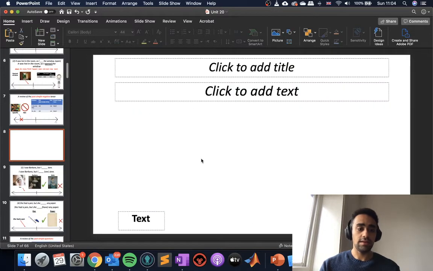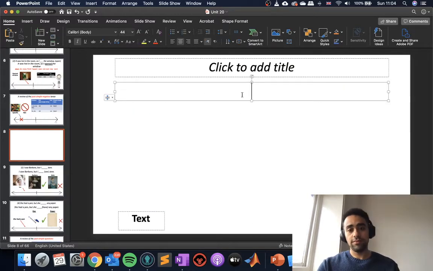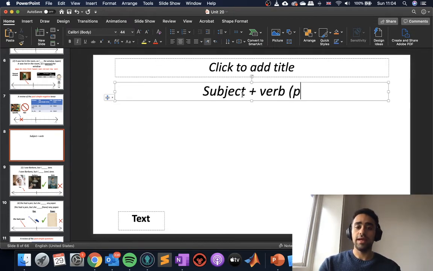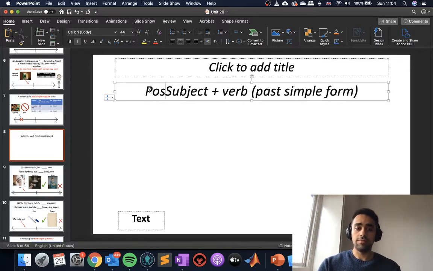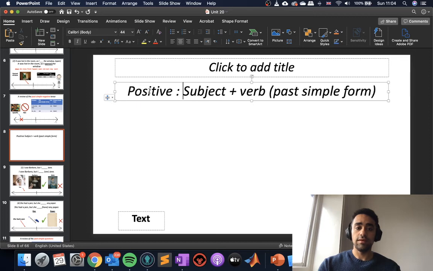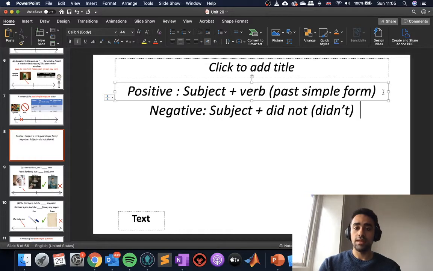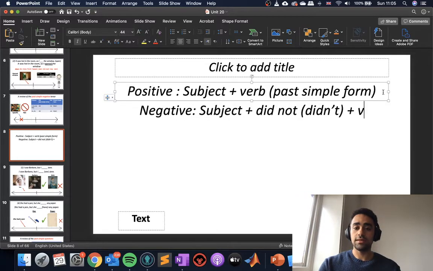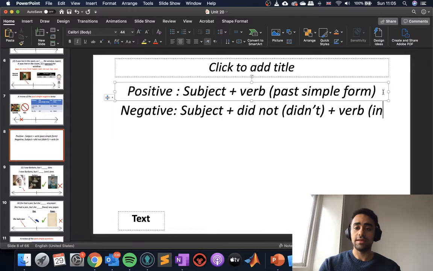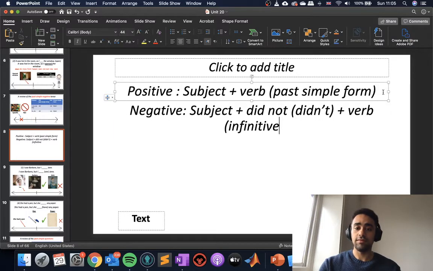So for positive, let's have a slide here. For a positive version of the sentence, it will be subject plus verb in past simple form. For a negative one, it will be subject plus did not or didn't, and then plus the verb in its infinitive form.